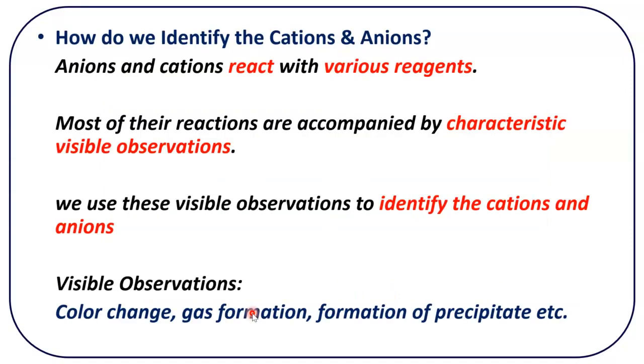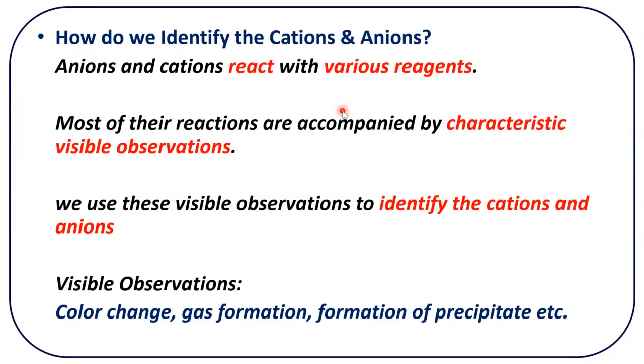How do we identify the cations and anions? The anions, which came from acids, carry negative charges, and the anions and cations react with various reagents. How do you identify them? Just let them react with a certain chemical reagent, and a kind of reaction happens, and you can identify the reaction by the observation.